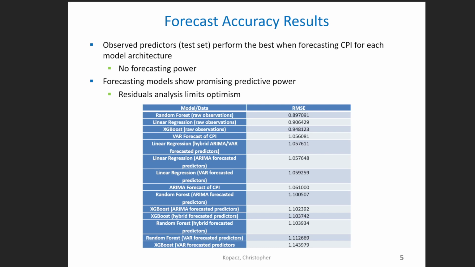Using the observed predictors, or the raw test data, I established a baseline for the trained models for forecasting CPI. These three models showed the lowest RMSE values when using the raw predictor data.